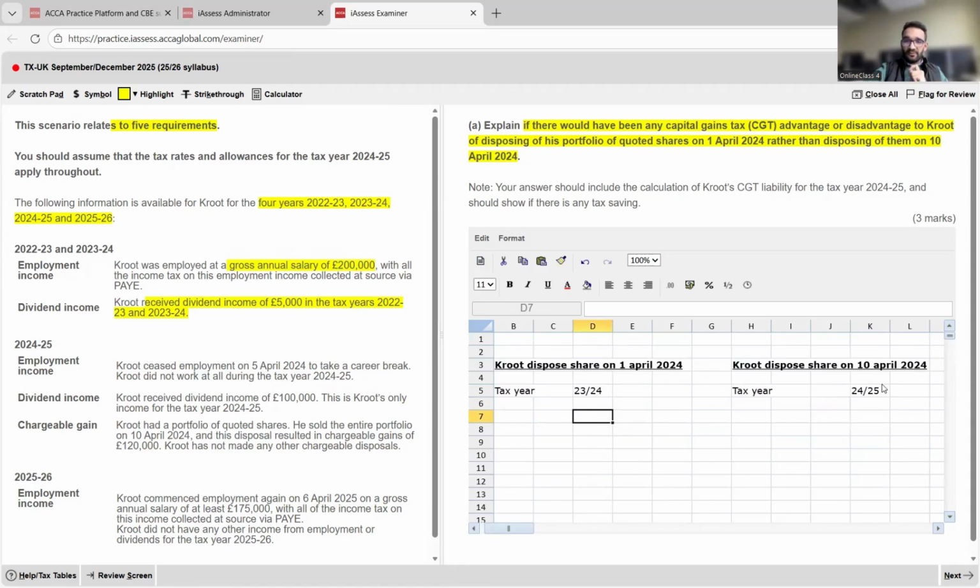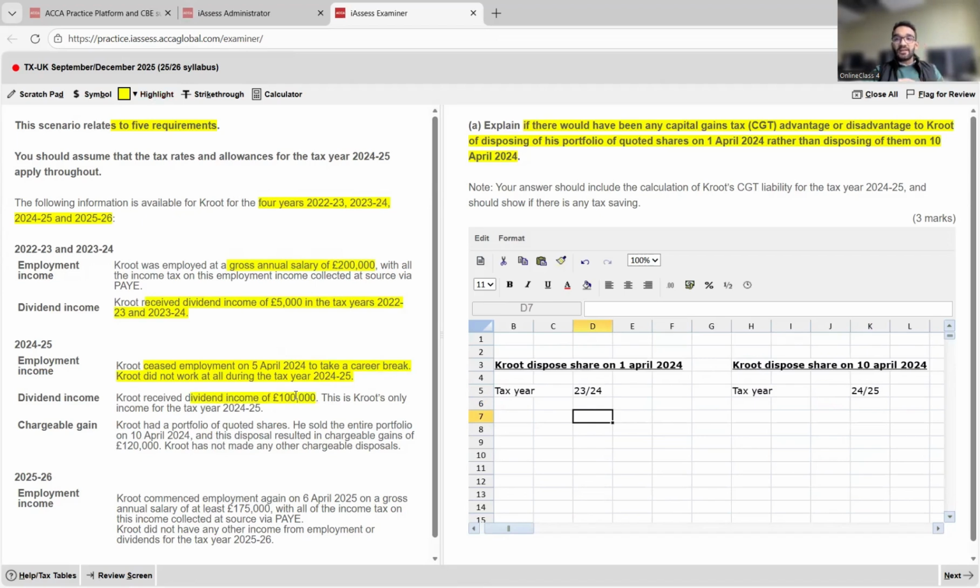What about 24-25? In 24-25, he ceased employment and took a career break. He did not work, but he received dividend income of 100,000, and that was the only income he had.